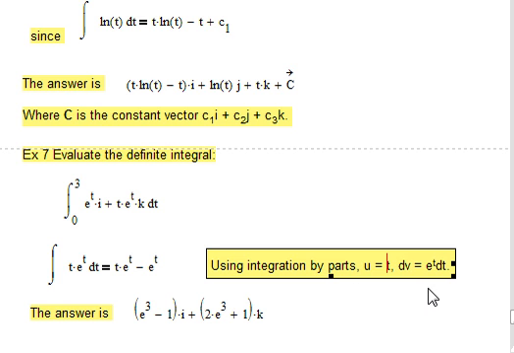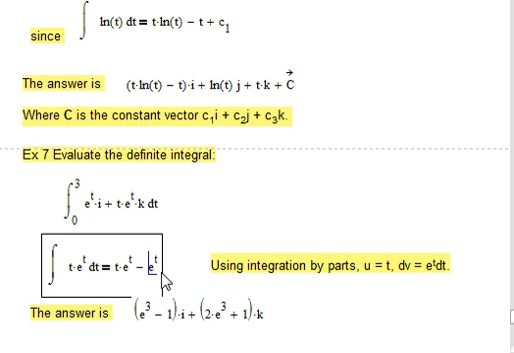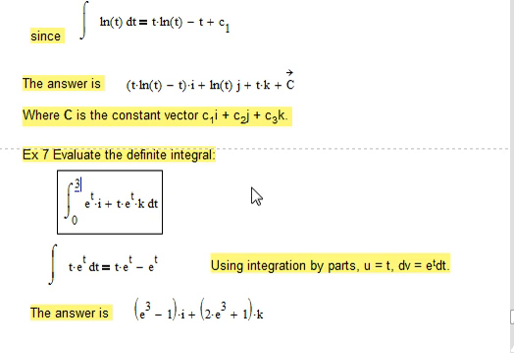So we're going to get uv, which is t times e to the t, minus the integral of v du, which is minus e to the t. Caution, it's not plus some constant of integration because I have a definite integral here.